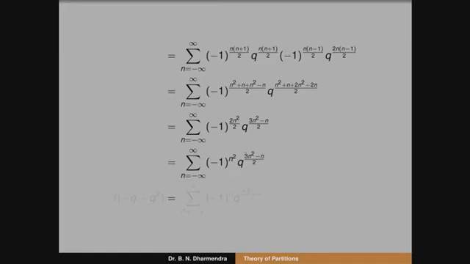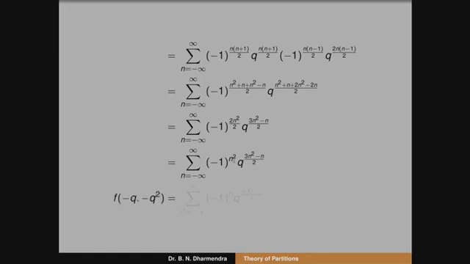We can, here we have to take n as a common factor, that is n times 3n minus 1. And also when I observe that value of minus 1 to the power of n square, that can also be written as minus 1 to the power of n. So if it is minus 1 to the power of that power, that is n square, this also represents minus 1 to the power of n.